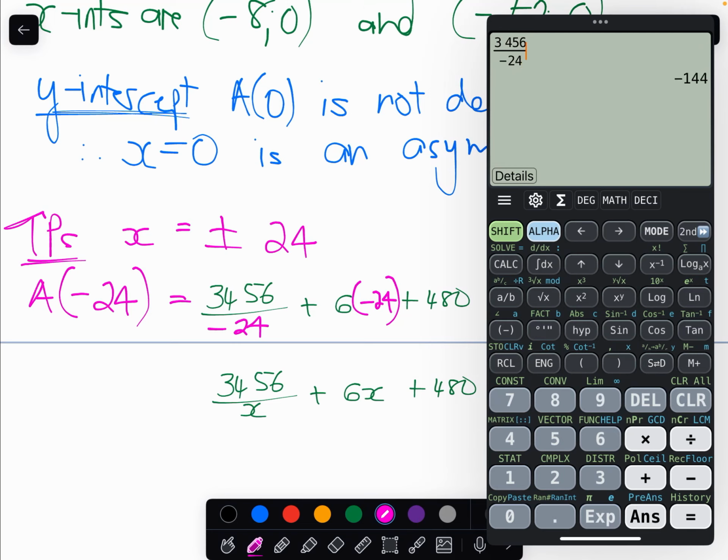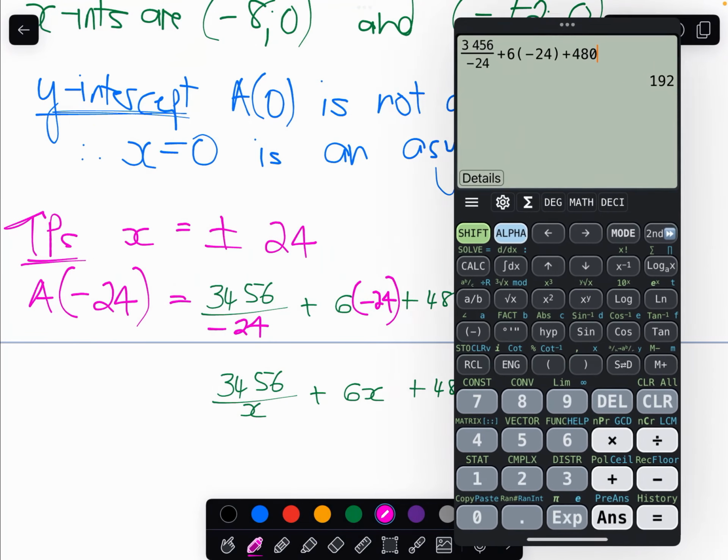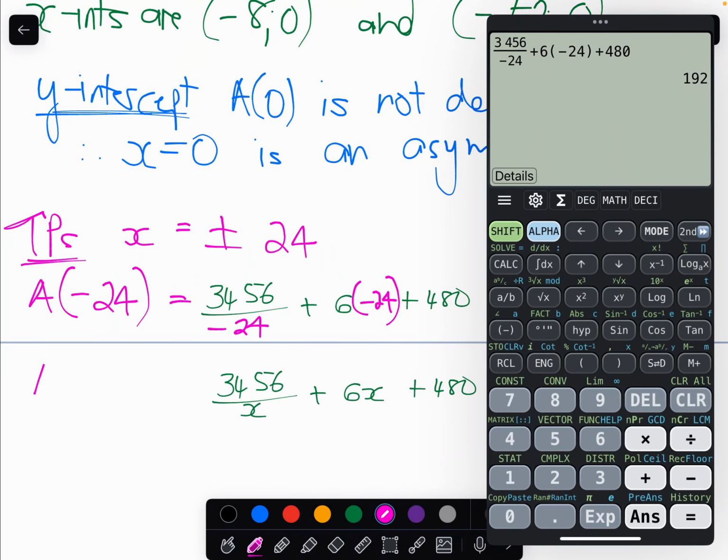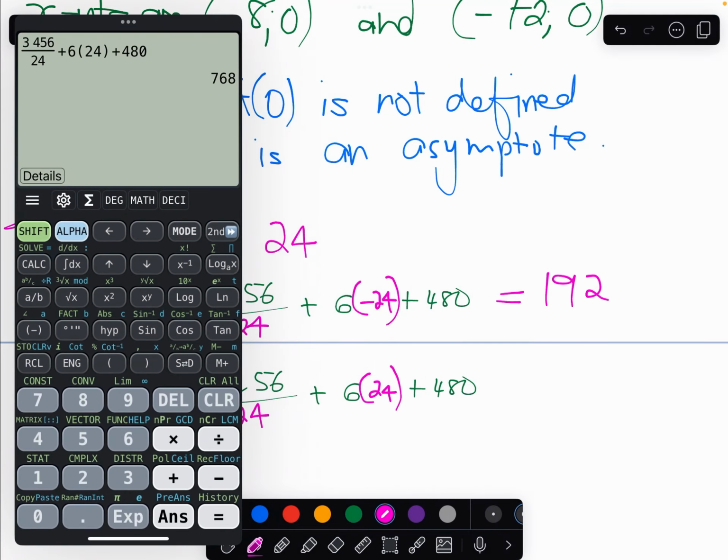Okay, so we get 192, and then if we put in 24, what do we get? 768. Lots of big numbers.